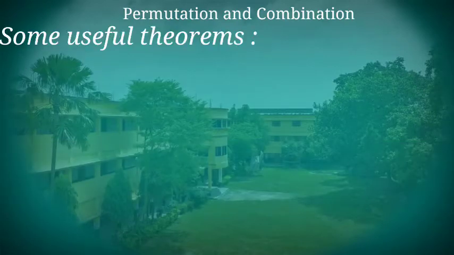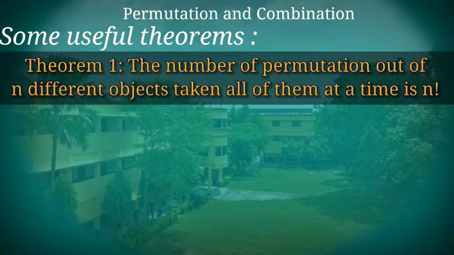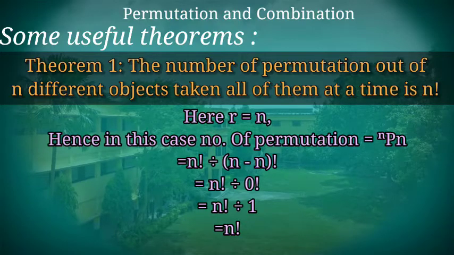Now let's learn some more theorems which will help us to solve the sums in this exercise. The first theorem: the number of permutations of n objects taken all at a time is n factorial. We can prove this easily, because here r is equal to n.